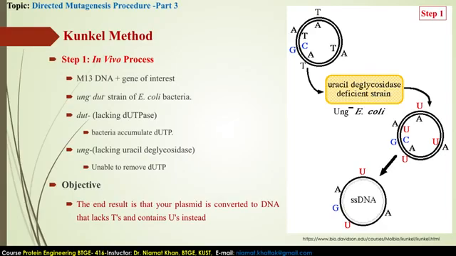Bacteria lacking dUTPase accumulate dUTP nucleotide, while bacteria lacking uracil deglycosidase are unable to eliminate the incorporated dUTP that is a part of the new DNA strand. As a result, the plasmid is transformed into DNA that contains uracil instead of thymine nucleotide.